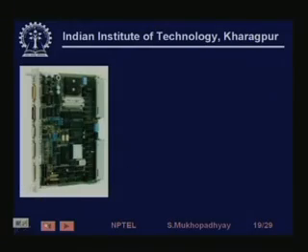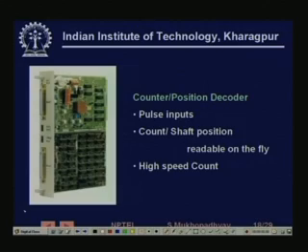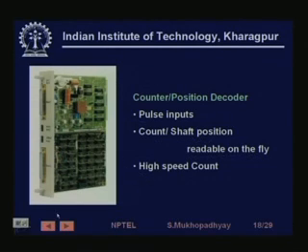Some of these can be used either as a counter or as a position decoder. You have pulse inputs, you can count or you can read shaft position, and both are readable on the fly, as we said, and at high speed. This is just to give you a feel of the PLC system.